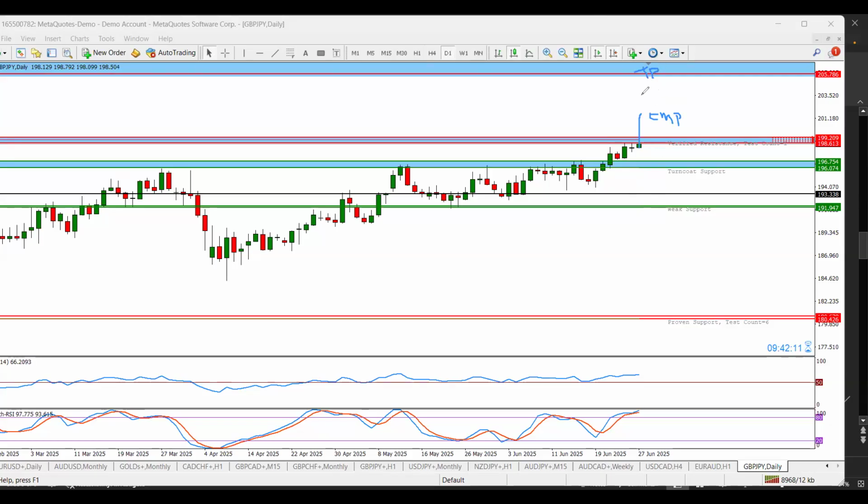Now, what should we do? We have two options. Should we place a buy stop here? Or should we wait for this price to come back down and place a buy limit here? Please explain to me.